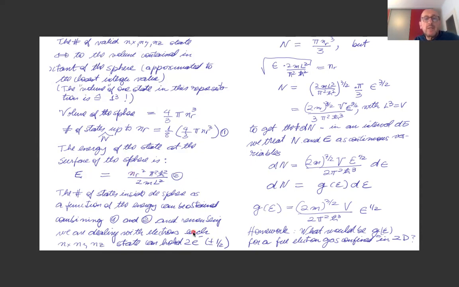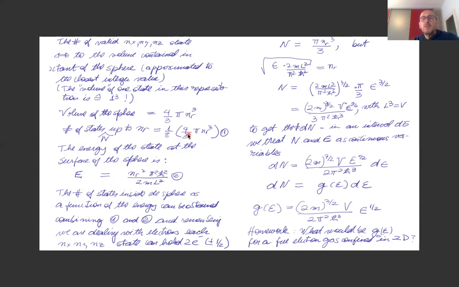So what I'm going to do next is, this is providing me a link between the energy of the outermost state with the value of nr, and this thing is actually telling me what is the number of states up to nr. The number of states available up to nr is given by that.